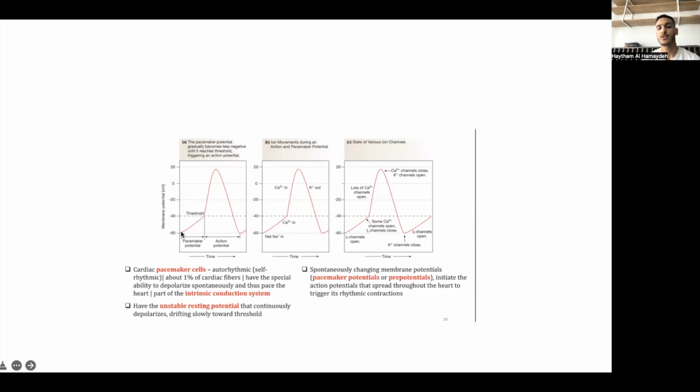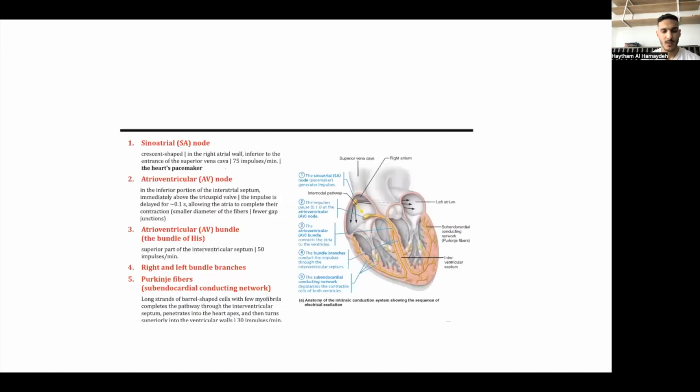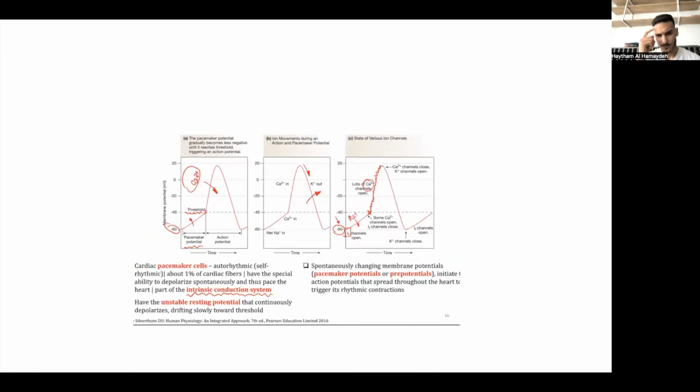How does this pacemaker potential rise? It is caused by intake of Na plus, and so when it reaches the threshold, this is just a normal increase in action potential, because Na plus is the active ion that allows for action potentials.